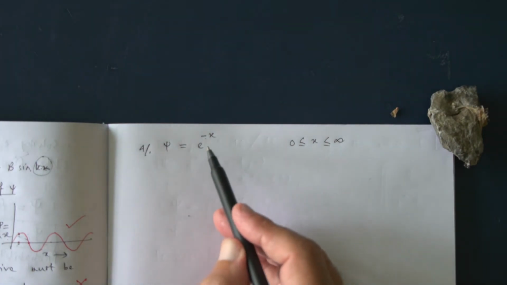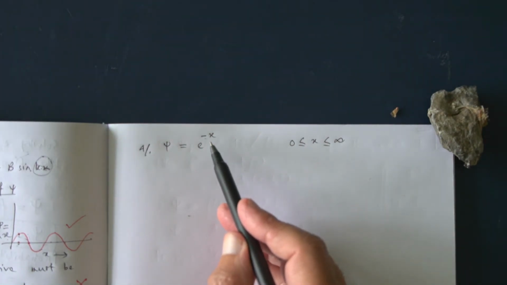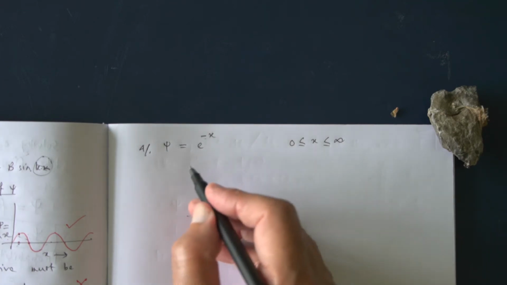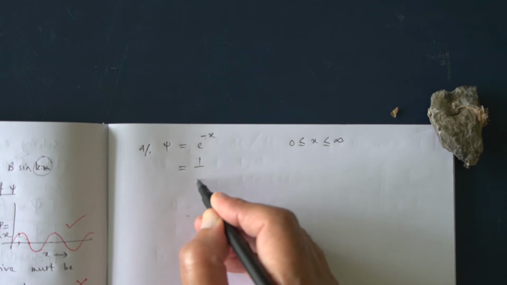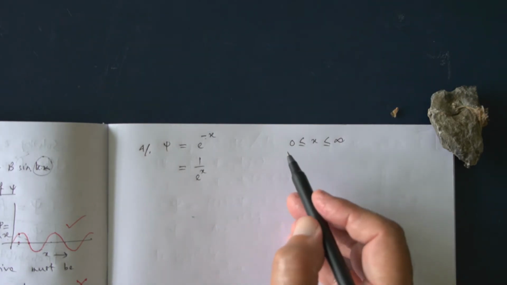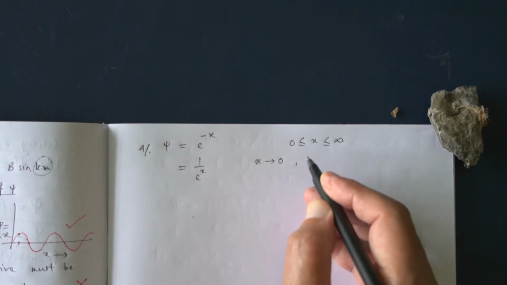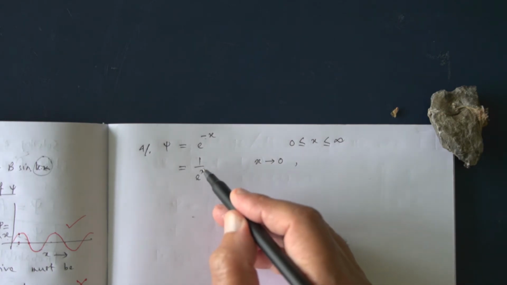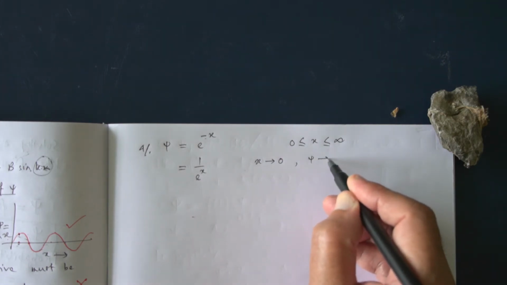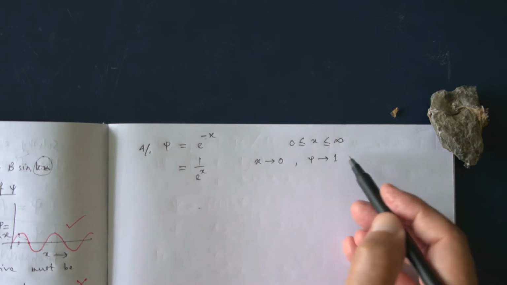Now of course this is single valued, this is continuous. Whether this is finite or not, I can write it like this: 1 by e to the power x. When x tends to 0, this is e to the power 0, so psi tends to 1.